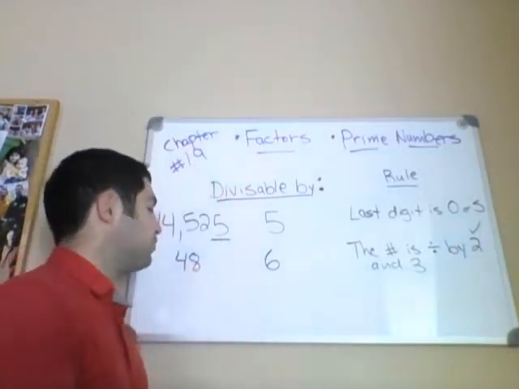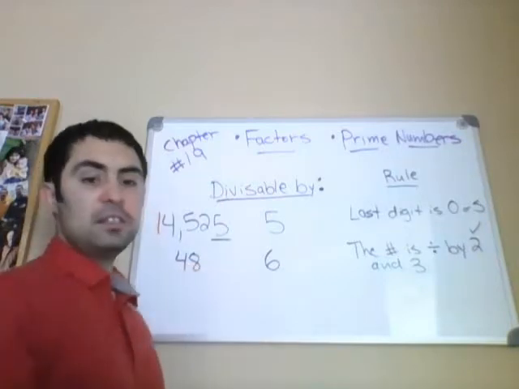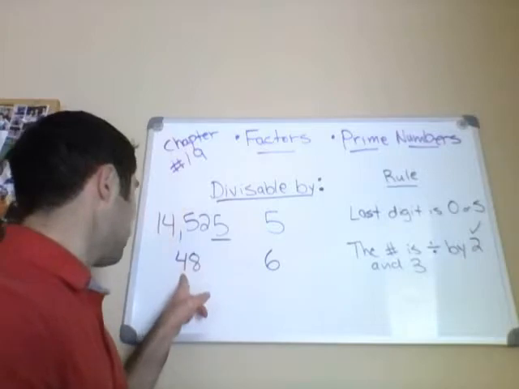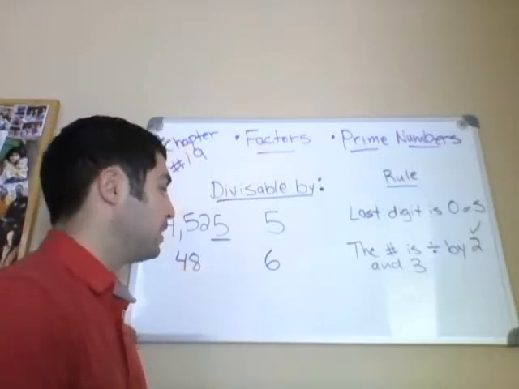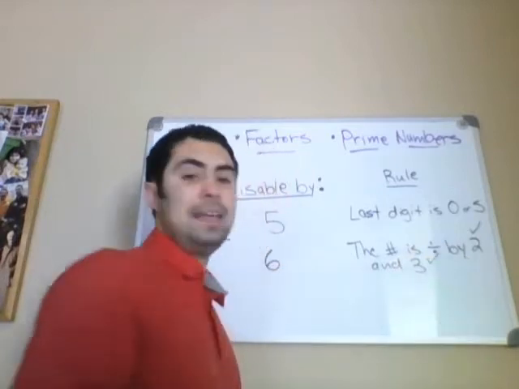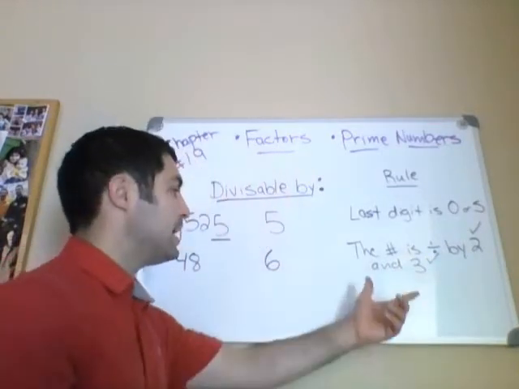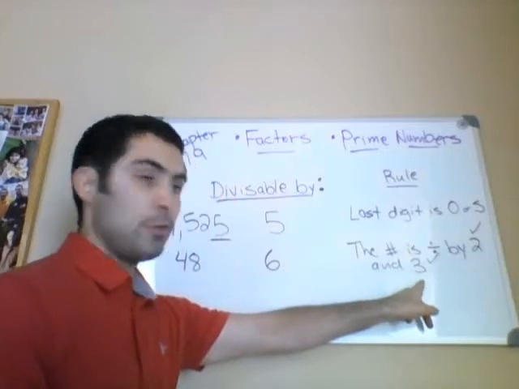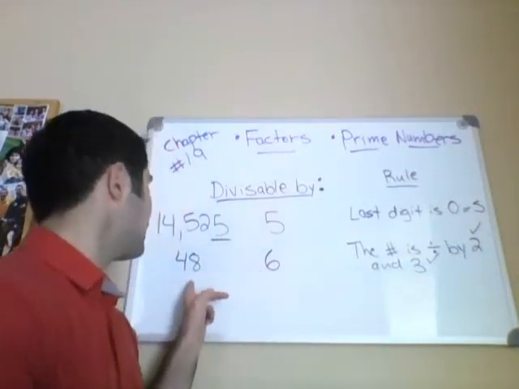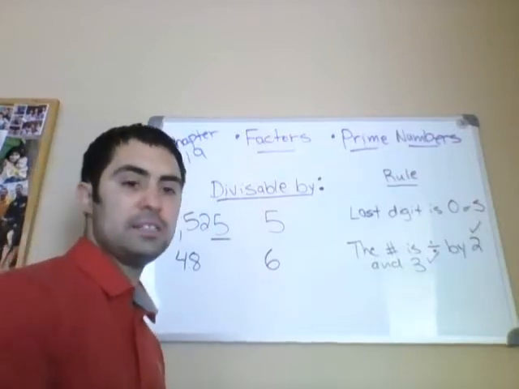Is it divisible by 3? Well, you got to add the sum of the digits and see if that number is divisible by 3. What's 8 plus 4? 8 plus 4 is 12, and 12 is divisible by 3. So if it passes the litmus test of both 2 and 3, then you know that the number is also divisible by 6. So 48 is divisible by 6.